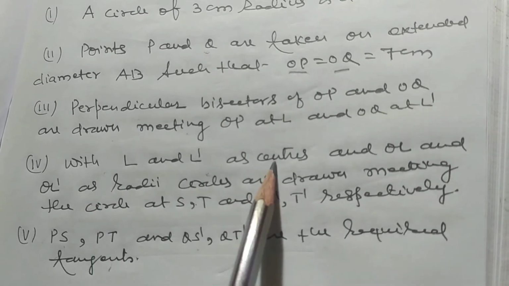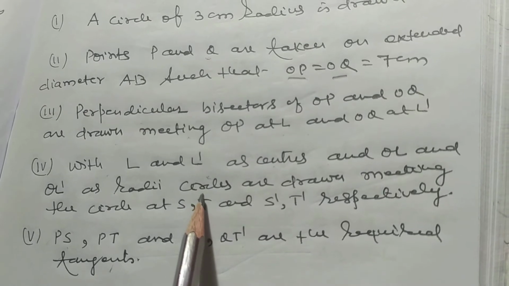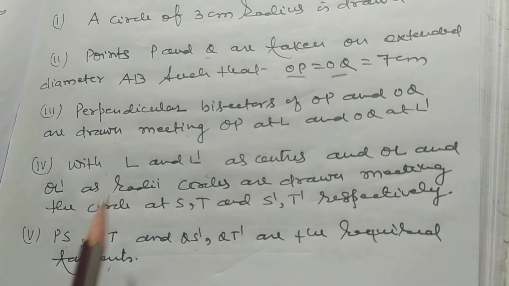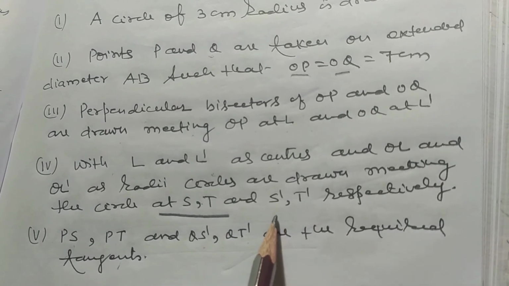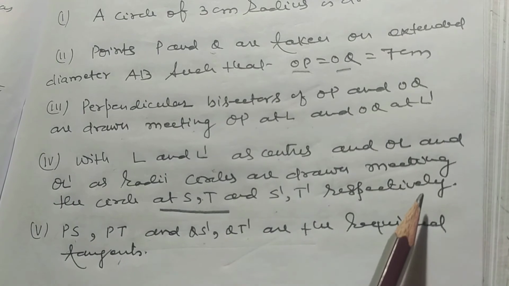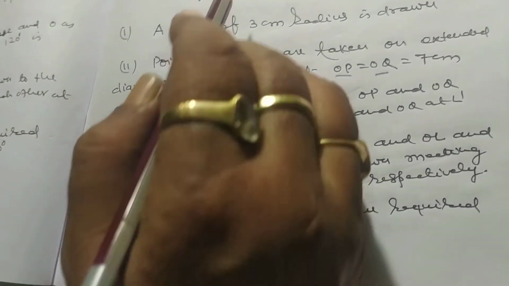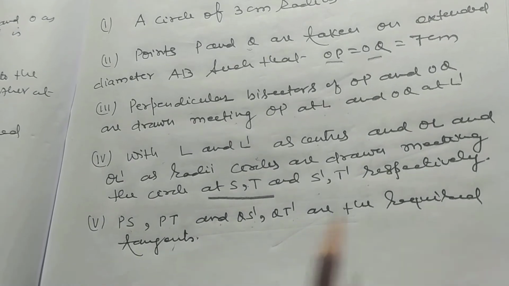With L and L dash as centers and OL and OL dash as radii, circles are drawn, meeting the circle C1 at S and T, and S dash and T dash respectively. This is circle C1. So PS and PT and QS dash and QT dash are the required tangents.